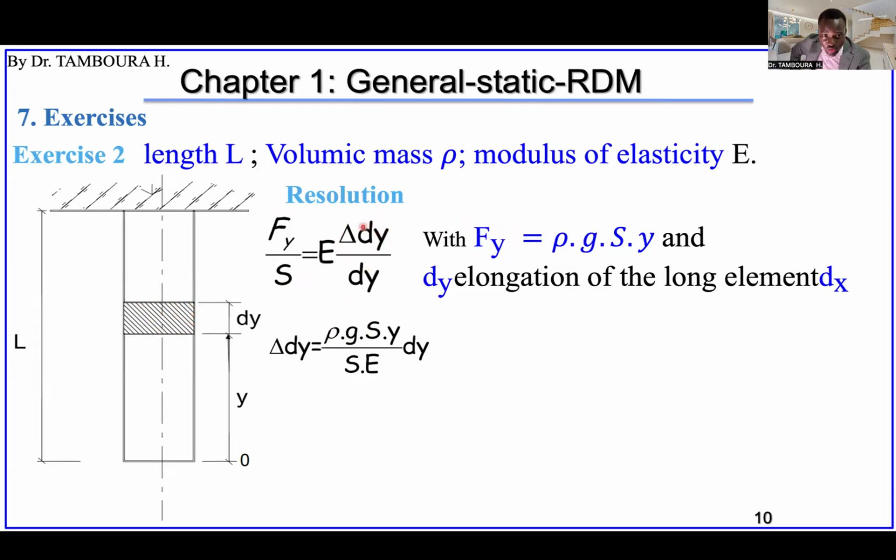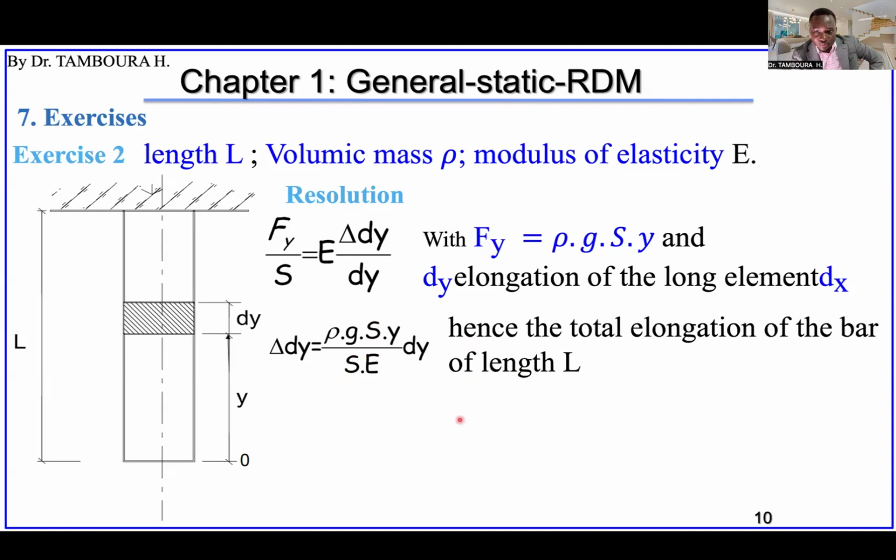Delta dy is what we want, so we can obtain it from this equation and replace this Fy by all this. And then, as you can see, we can drop the S, the section here. You can just simplify the equation.